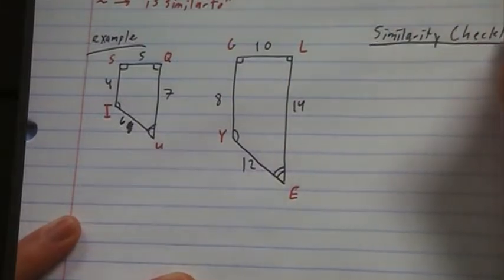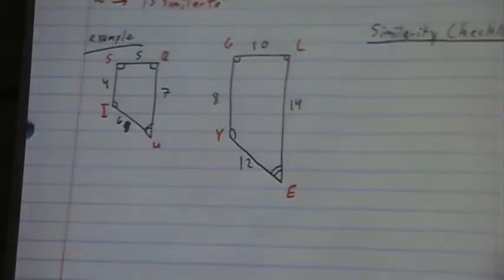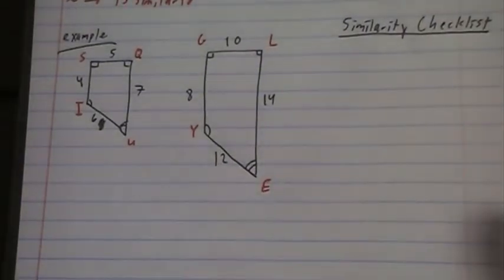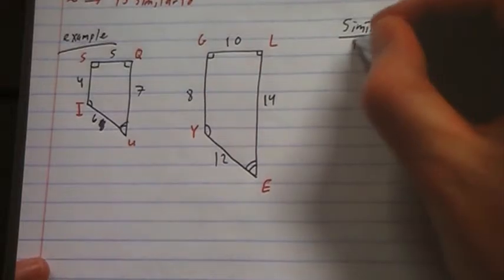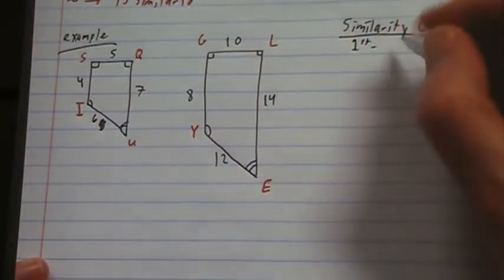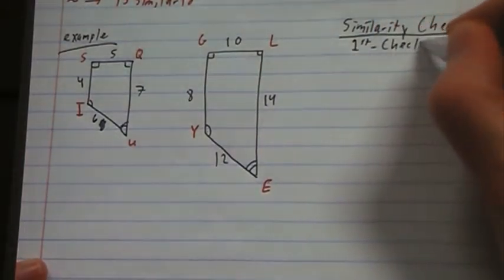If your shapes meet the checks on this checklist, then you know your shapes are similar. First, we're going to check the angles.